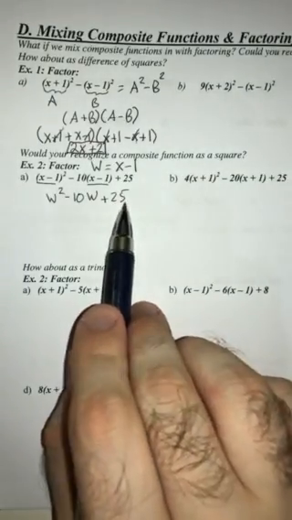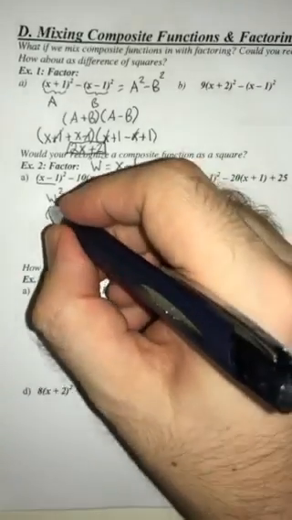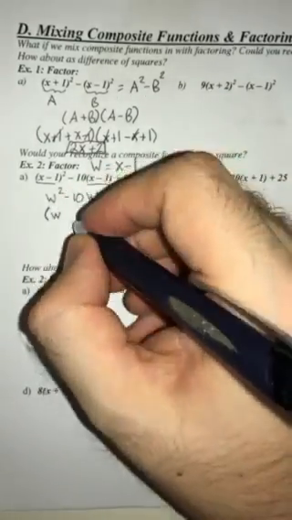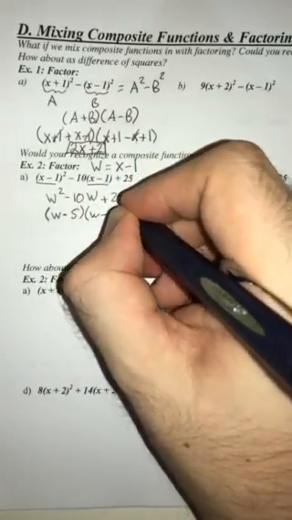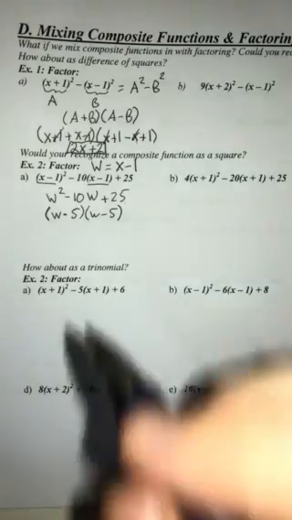So what adds to negative 10 and multiplies to this? Hey, we've got a difference of squares. Or sorry, not a difference of squares. This is just a square. So we've got w minus 5 times w minus 5. I could write that as w minus 5 squared, as you like.